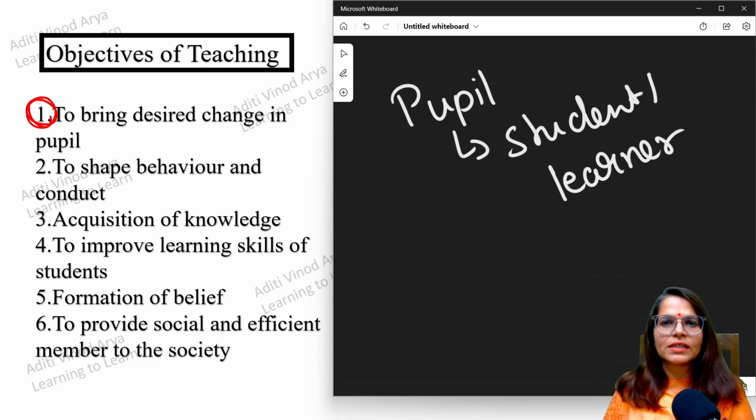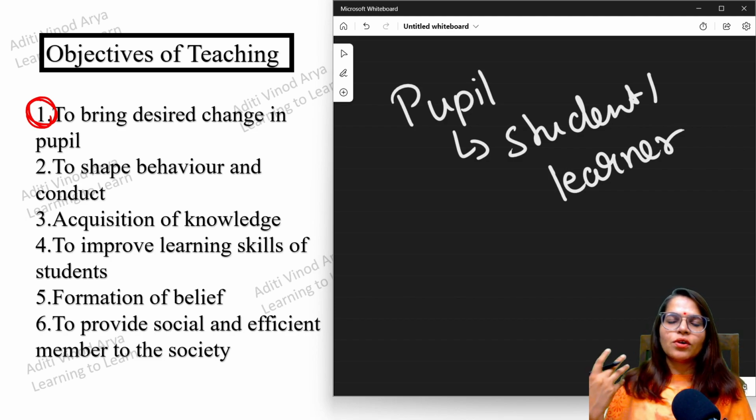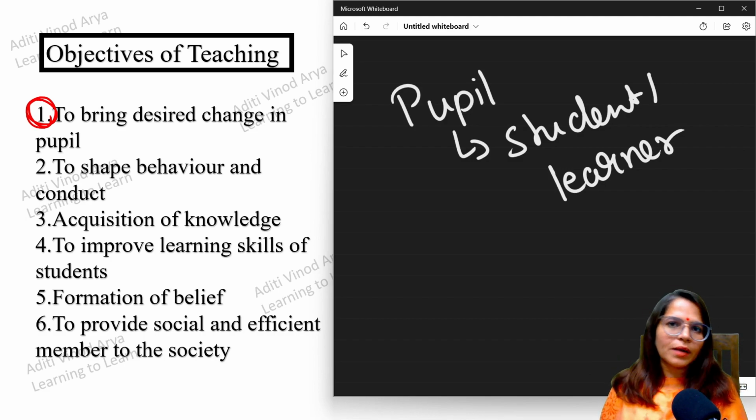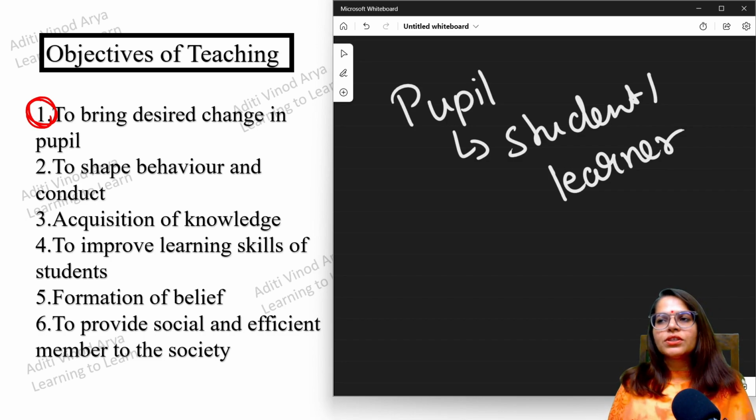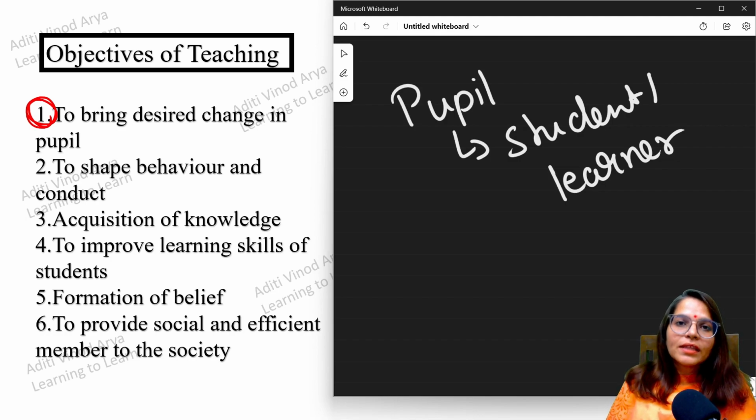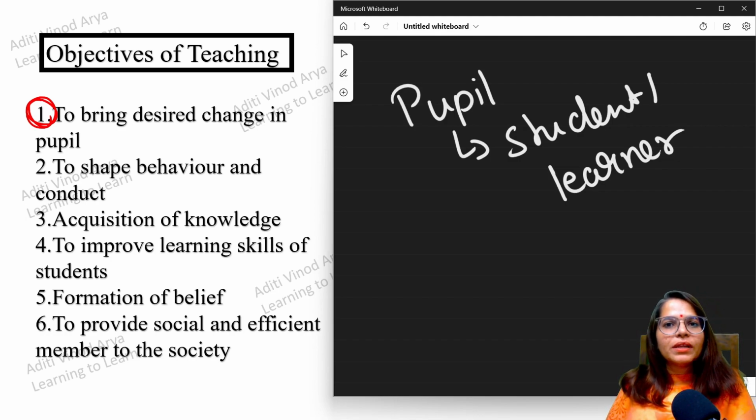Suppose a student is a slow learner, he is not able to grab or conceptualize things very easily, it's very hard for that particular student. And if the teacher is not at all supportive, the teacher is a bit demotivating in this entire procedure, then the student will have a belief that I am a poor student and I will remain a poor student.